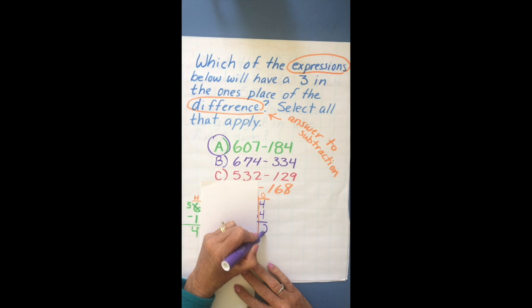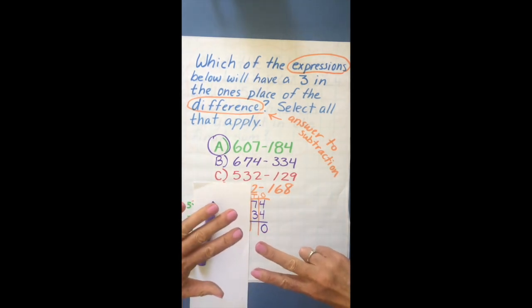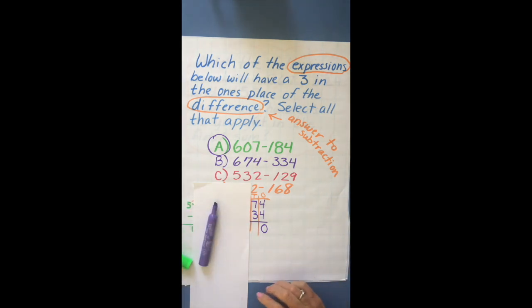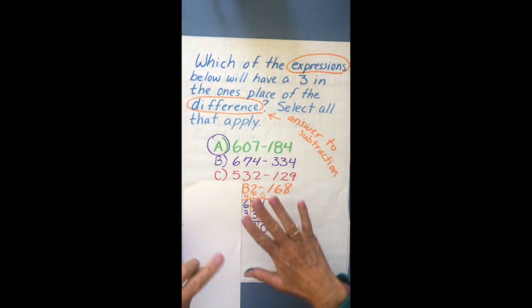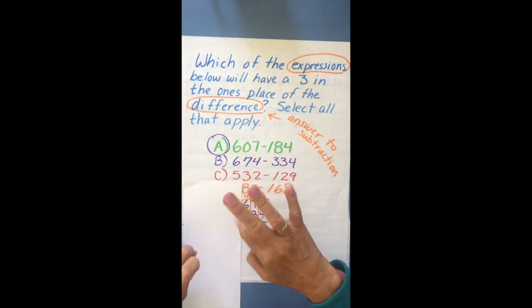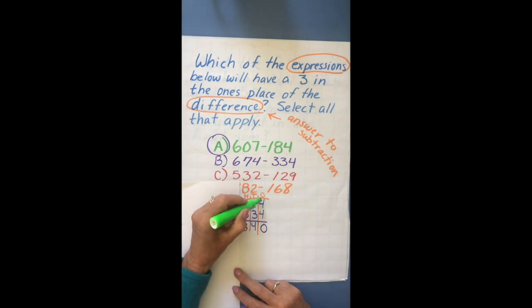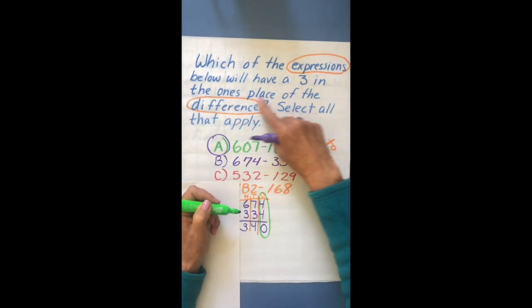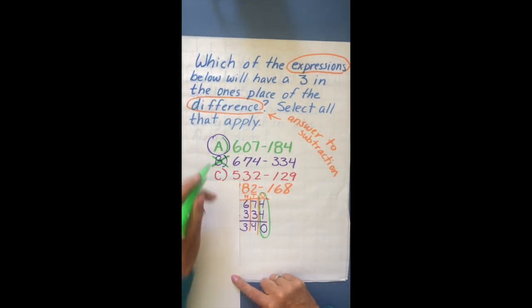That was easy. 7, take away 3. 1, 2, 3 is 4. And 6, take away 3. 1, 2, 3 is 3. Now, if I look here at the ones house, there's definitely not a 3 in the ones place of the difference. So this one is a no.